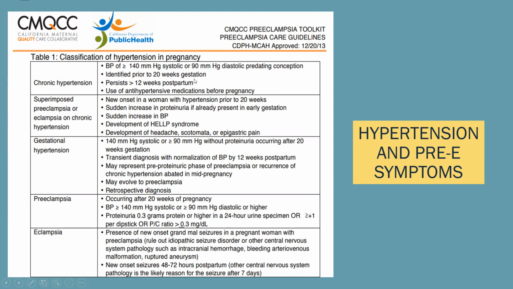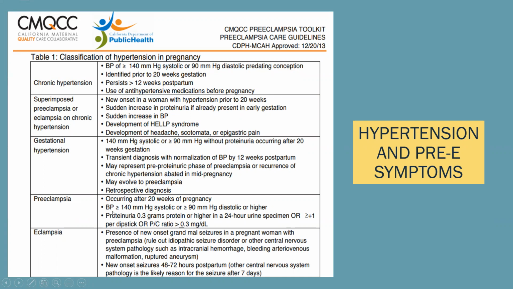So here is a description, and you can stop this video and read all of it. I'm not going to read all of it to you, but here you have a classification. So chronic hypertension is prior to 20 weeks, like I mentioned, and gestational hypertension is going to be after 20 weeks. It may evolve to preeclampsia, and this is really a retrospective diagnosis.